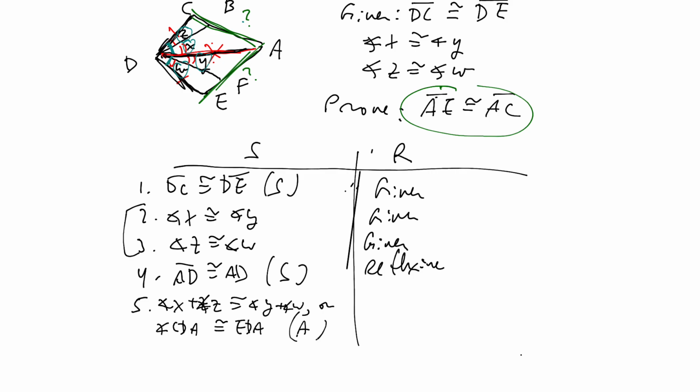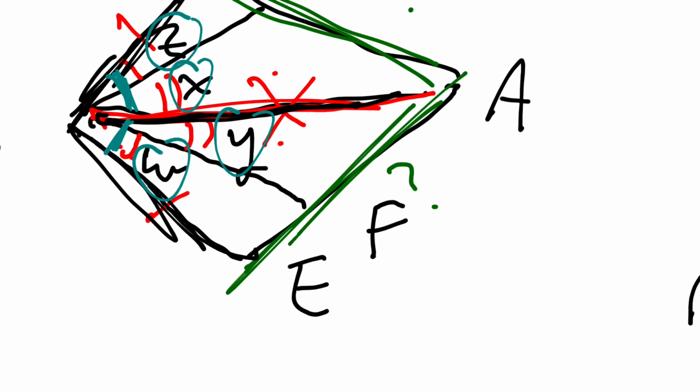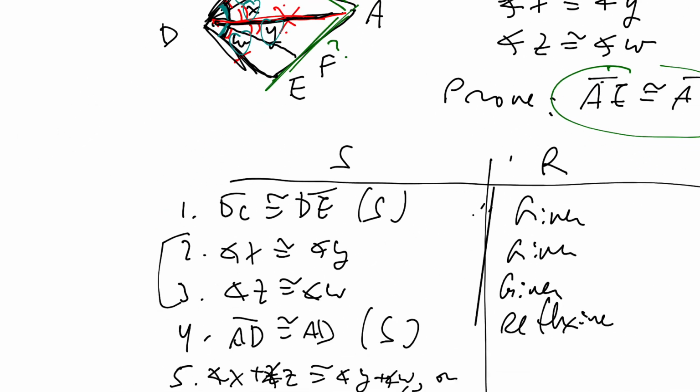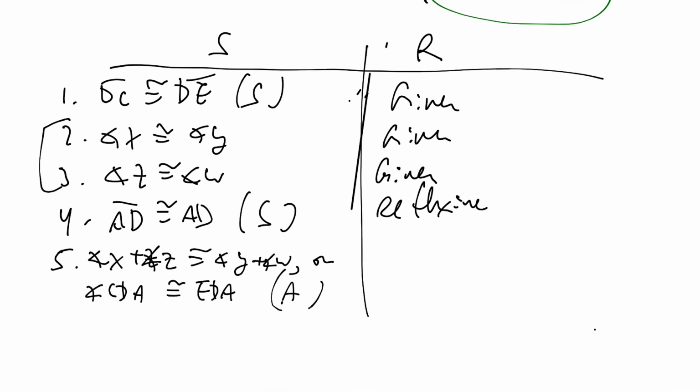And that is the missing angle that I needed in between the two sides that were congruent. So now the last two steps, this one's going to be the addition property.